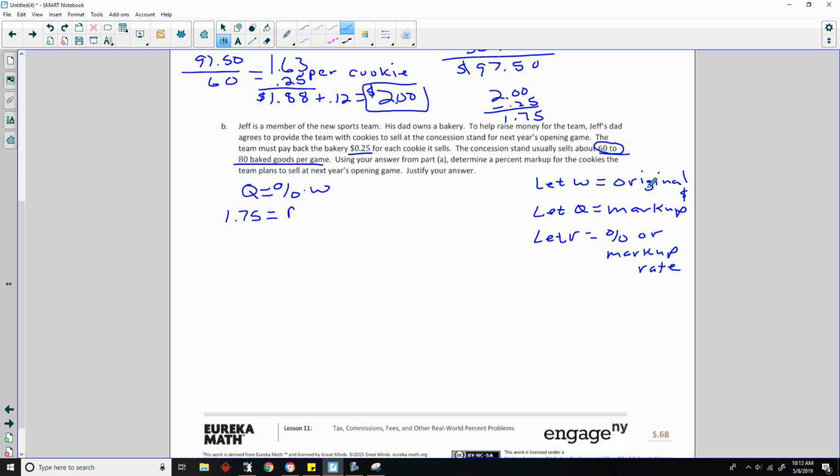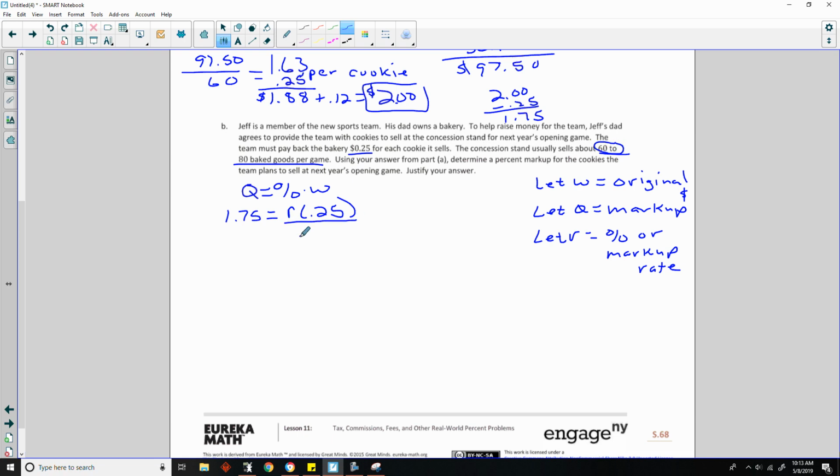And the original price was the 25 cents we have to give back to Jeff's dad. Okay? All right, so now we need to know what our percent markup is. We know that we're going to profit $1.75 per cookie, and the original price was 25 cents. So how much was our markup profit?